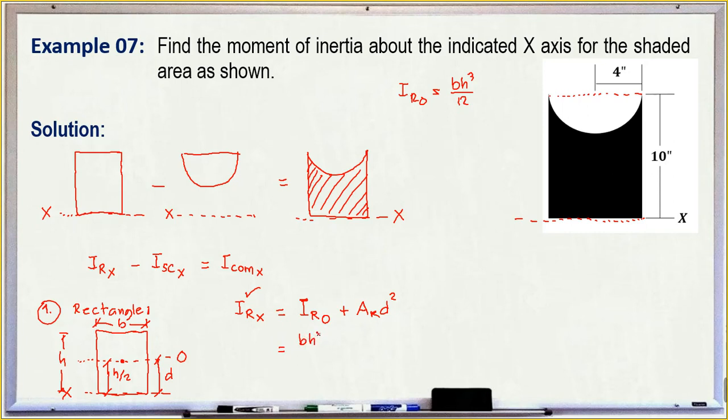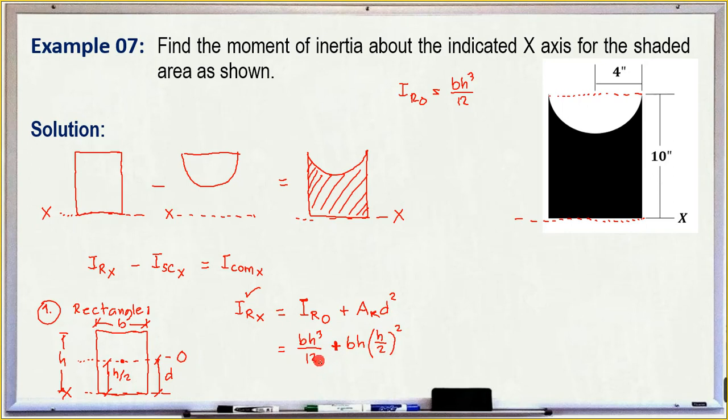So we have BH cubed all over 12 plus, what is the area of a rectangle, class? Okay, so we have base times height, and then the distance of these two axes. So we have half of the height, so (height over 2) squared.